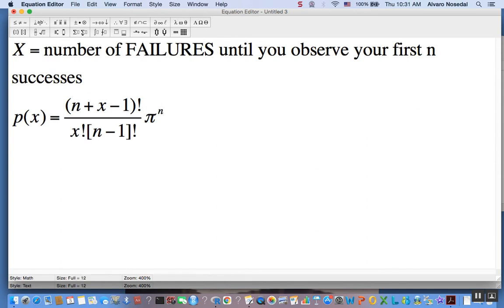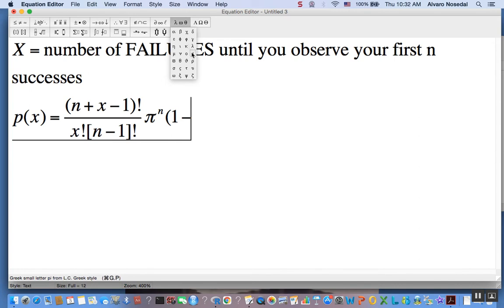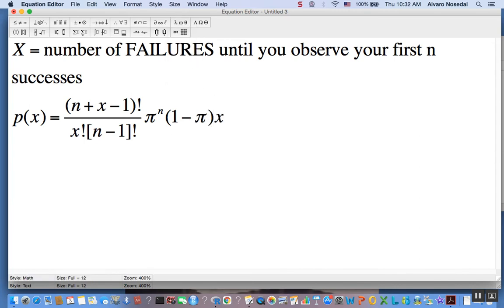We want to have n successes, and then if we have n successes, we're going to have some failures along the way, and since what we said here is that we're going to observe x failures before observing our n successes, the exponent is going to be x here, right?